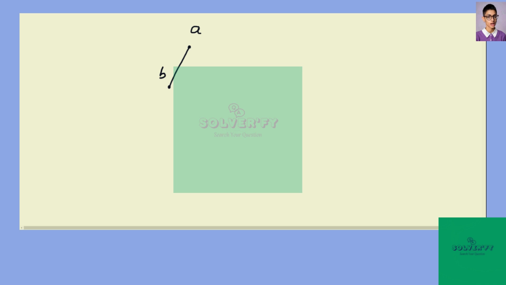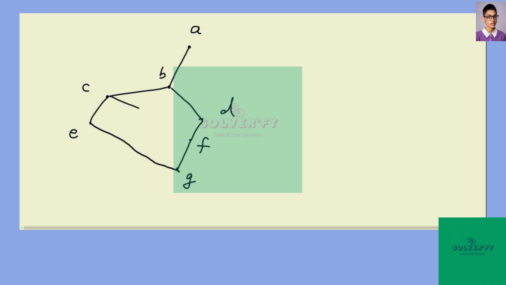Okay, so first A, B, and this is D, and we have F, we have G. We'll first try to figure out part A. This is C, this is E, and we've got lines connecting E and G, C and D, E and F, and B and E. And we're writing out their weights.